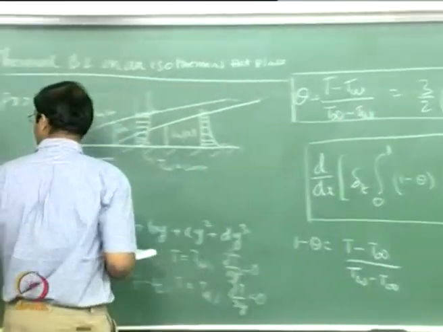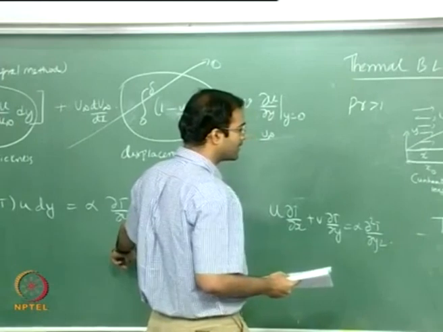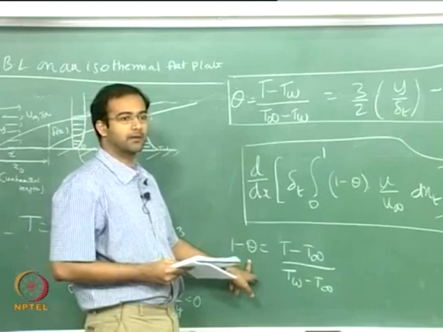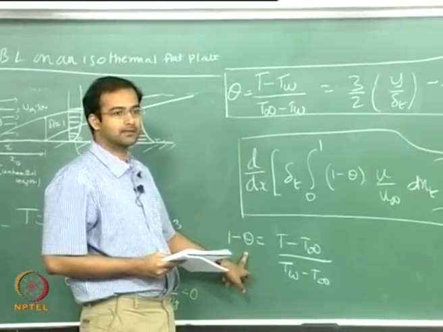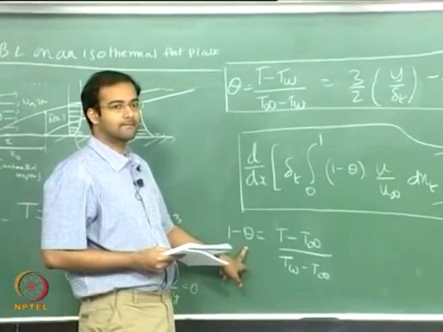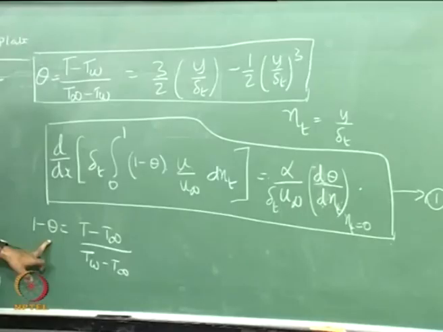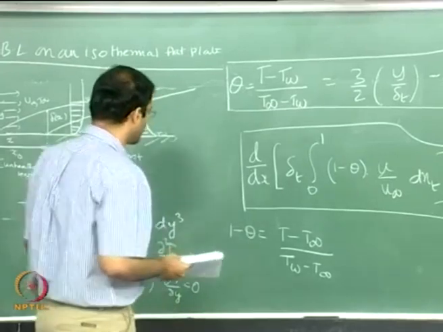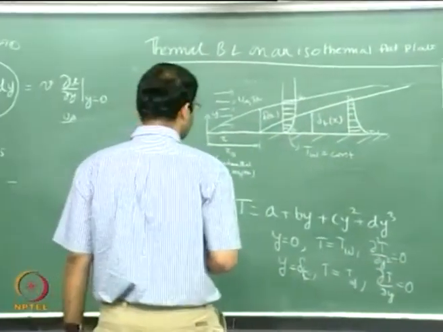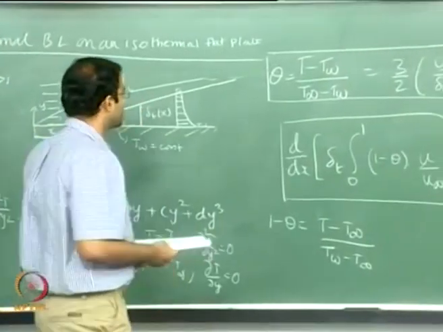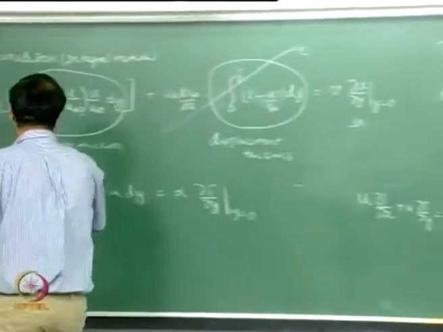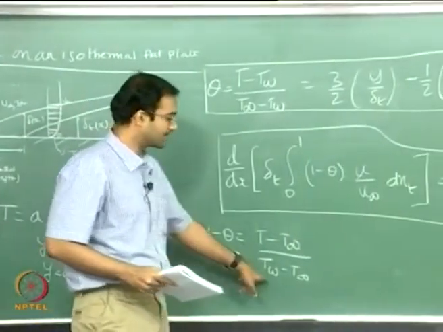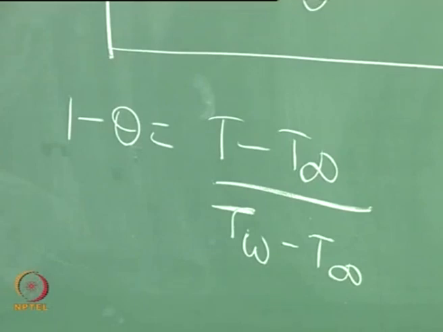The T wall is a constant. So T infinity minus T, now I can write it as minus of 1 minus theta into T wall minus T infinity.